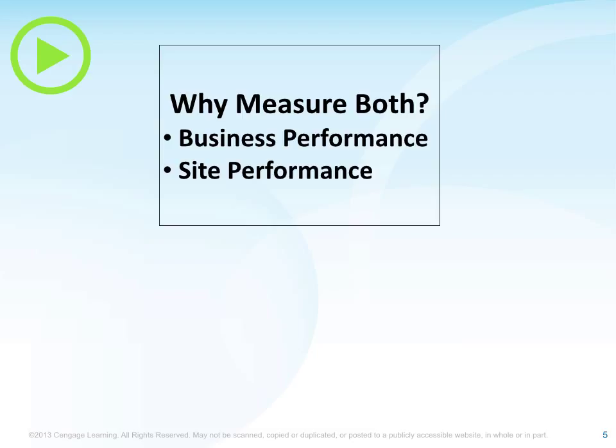So site performance metrics should ultimately lead to increased business performance metrics, but that's not necessarily the case. You could have a lot of activity going on your site, and you could be meeting all of your established metrics that you put into place before you built your site or modified it. But if it isn't generating actual business transactions that are intended, then you'd have to rethink your strategies around your site.